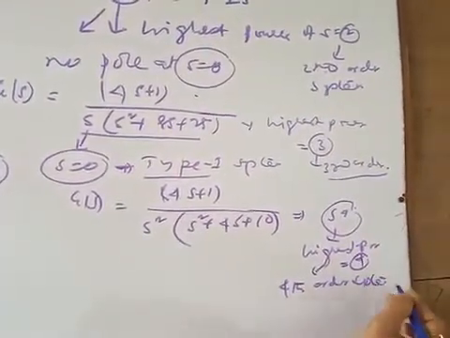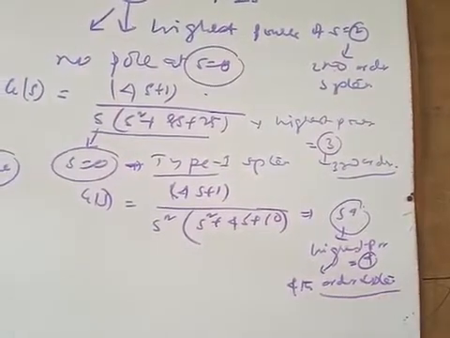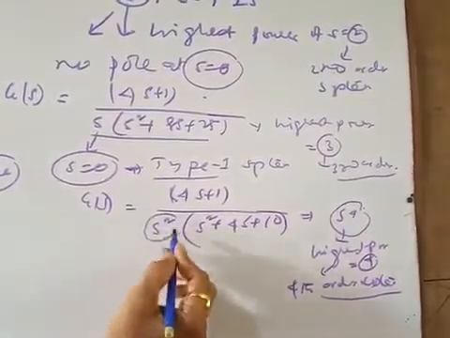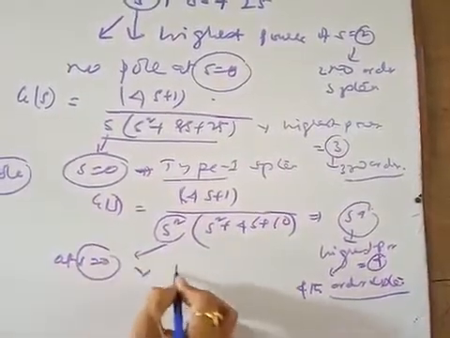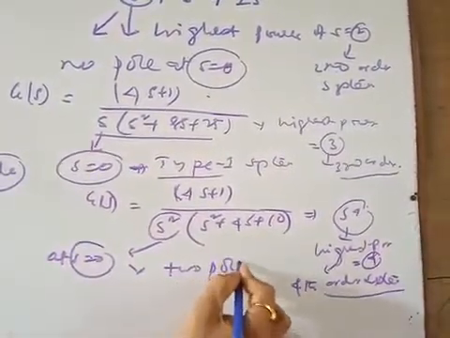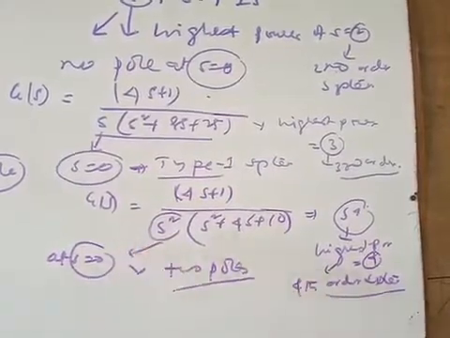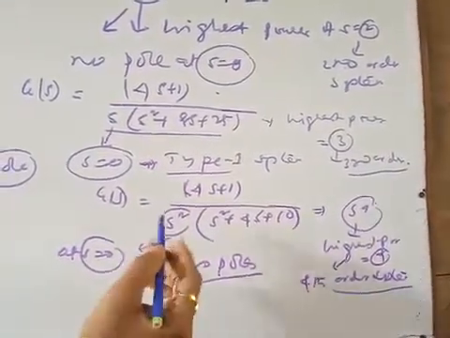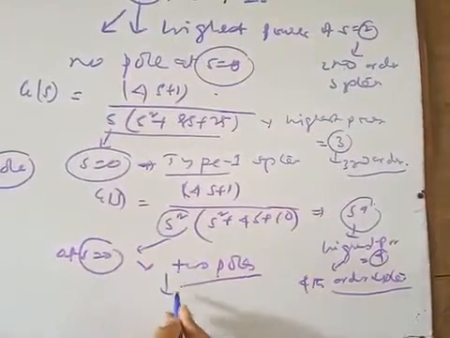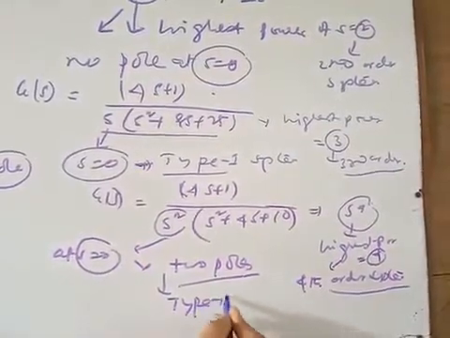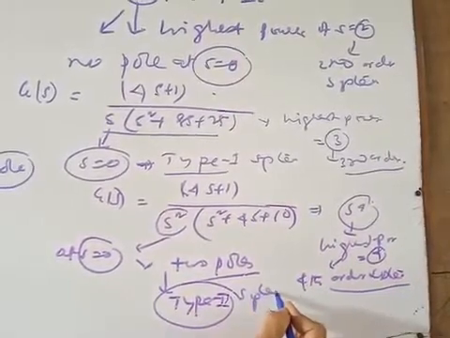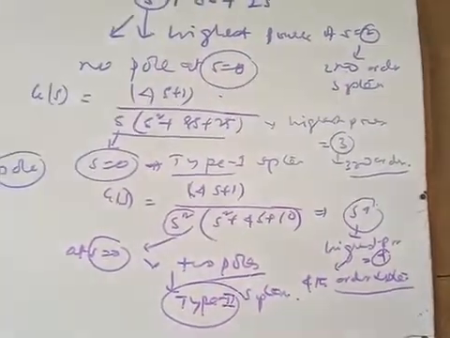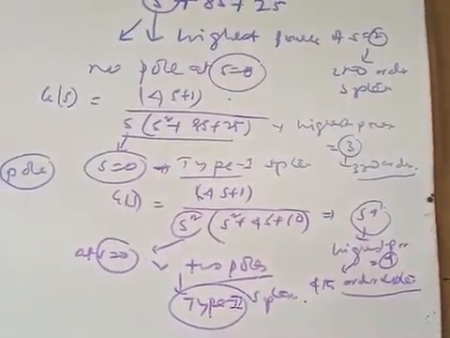Simultaneously, at s is equal to 0 there are 2 poles in the denominator. So this is a type 2 system.